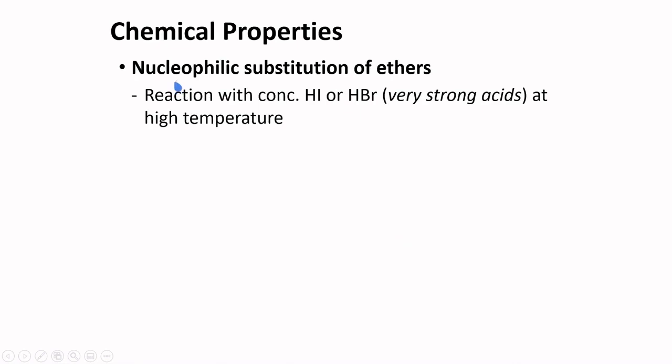Now to the chemical reactions of ethers. Ethers react by nucleophilic substitution. This is similar to alcohols, wherein the oxygen atom requires an initial protonation. The reaction involves concentrated hydrogen iodide or hydrogen bromide at high temperature.